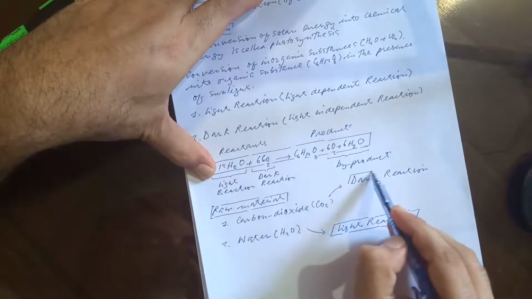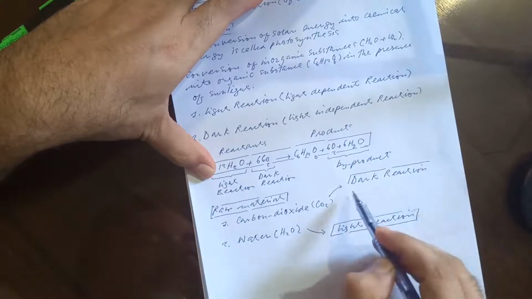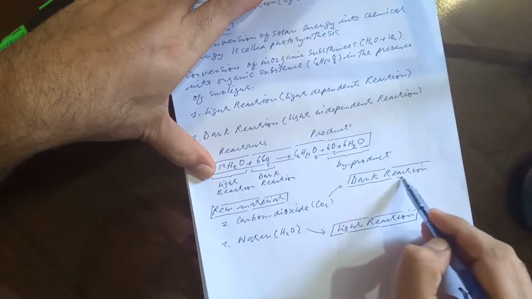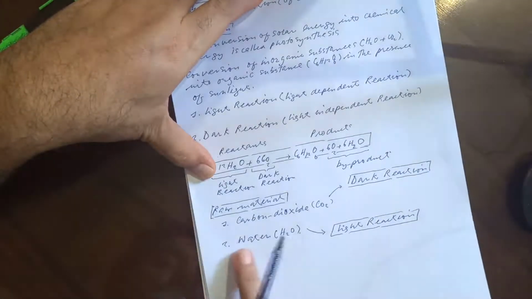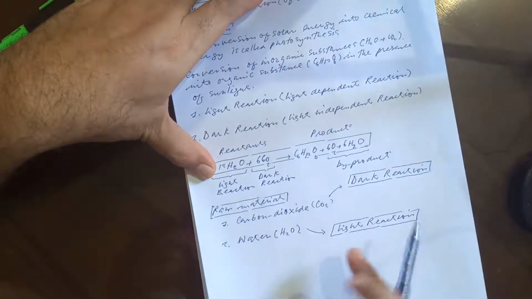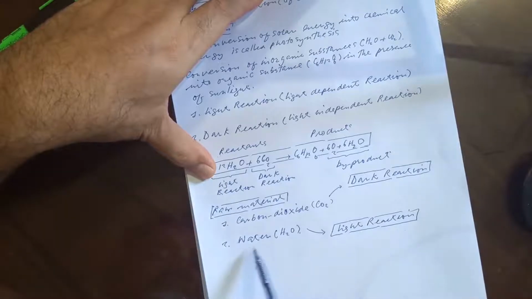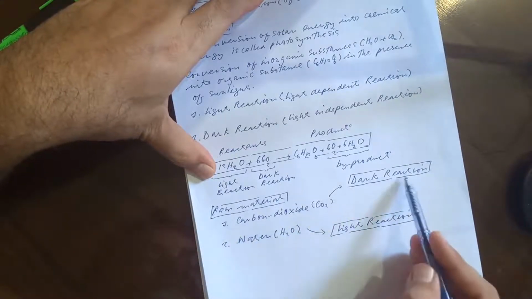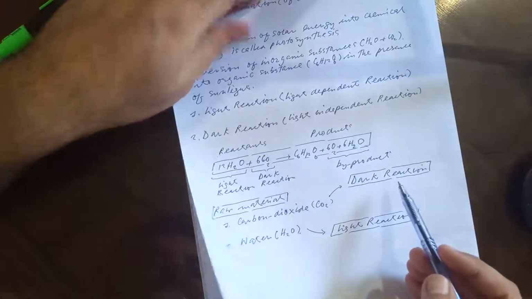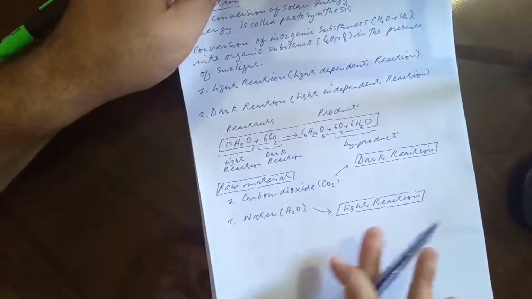Light reaction and dark reaction. The light reaction uses water, exactly in the step called photolysis. We'll be talking about it in detail. And carbon dioxide is used in the dark reaction. It's actually carbon fixation. We will also be talking about that.